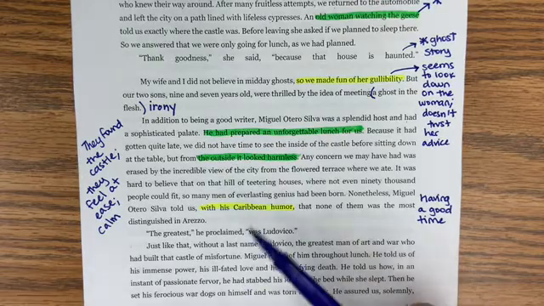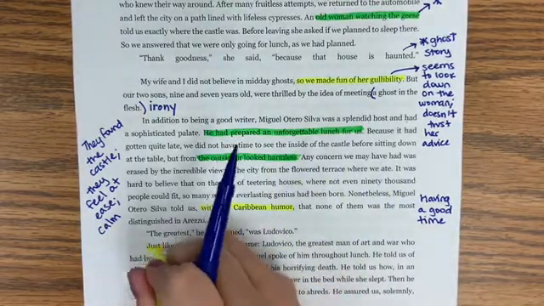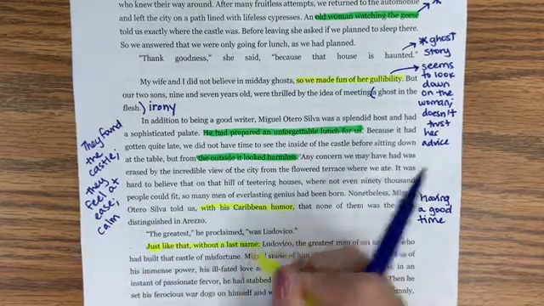I'm going to go ahead and make an inference when it says, just like that, without a last name.